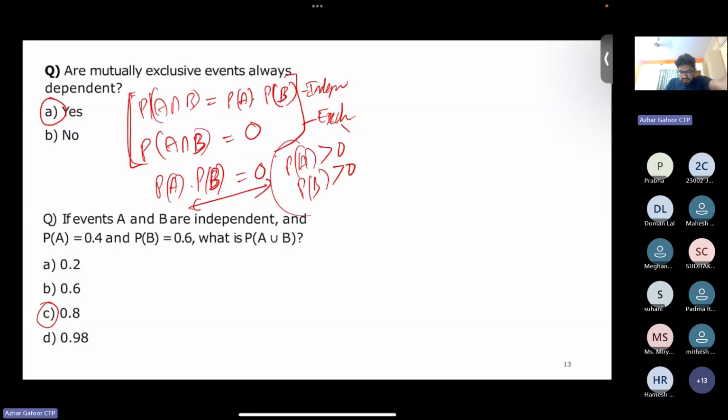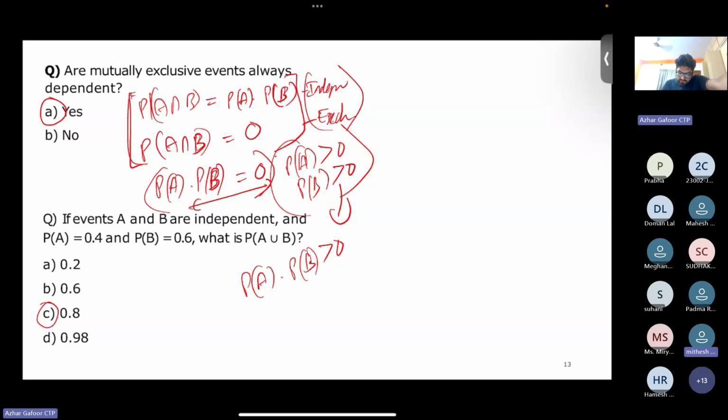So mathematically, P of A into P of B will be greater than 0 for a mutually exclusive event.